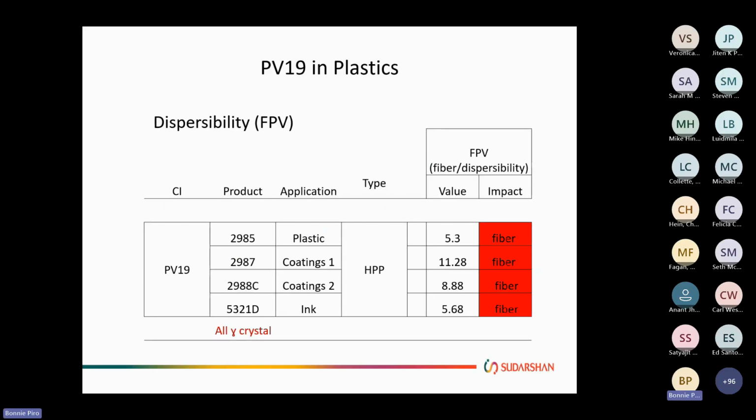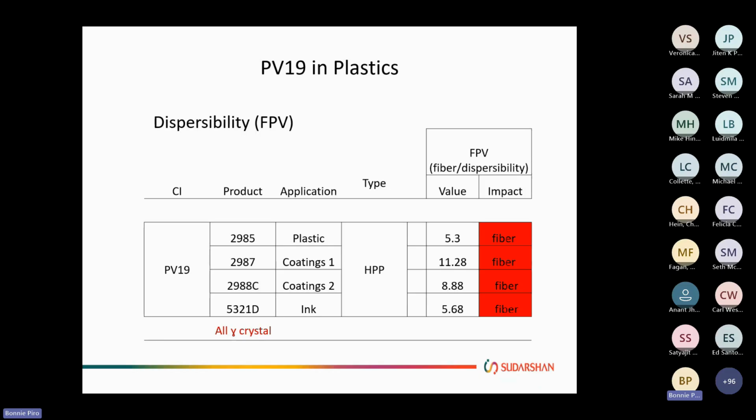From a performance perspective in plastics, there are going to be differences as well, and these are clearly directed at the choice of finishing. So we see that the filter pressure value, a measure of the dispersibility in plastics, are very different from one another.